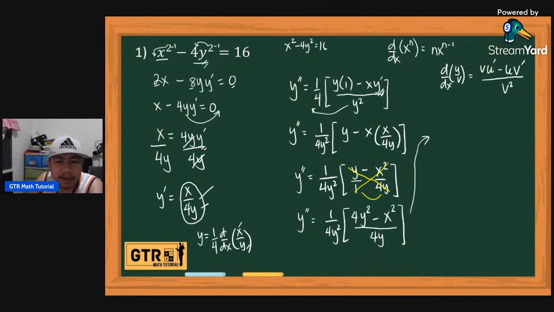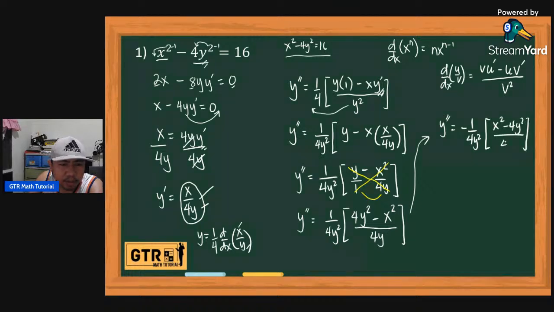So usually in finding the second derivative by implicit differentiation, we always come back to the original equation. Okay? So therefore, if we factor out the negative sign, we have second derivative of negative 1 over 4y squared. So this can be written as x squared minus 4y squared over 4y.